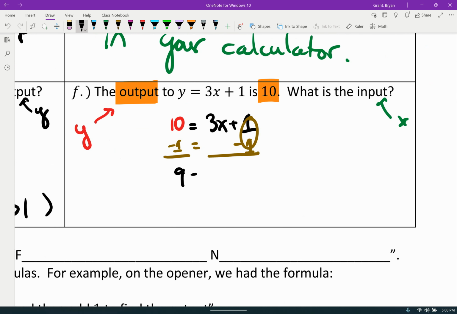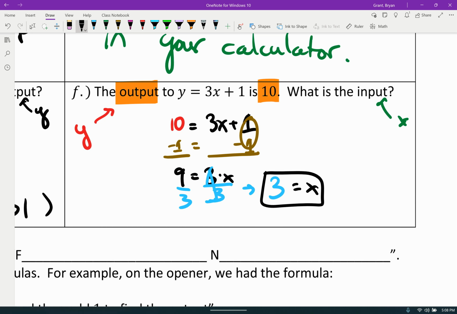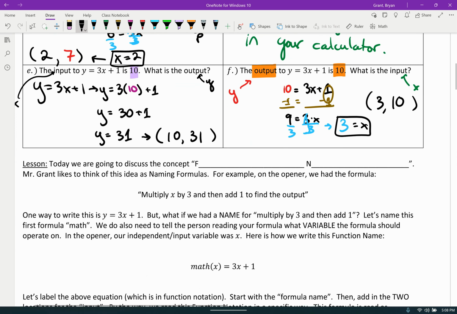That leaves us with 9 equals 3 times x. Divide off the 3. And it leaves me with 3 is equal to x. Another way to phrase this is if you were to input 3 in for the x, the output or answer would be 10.